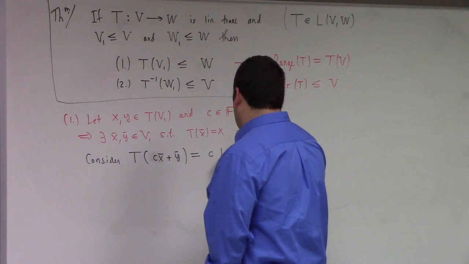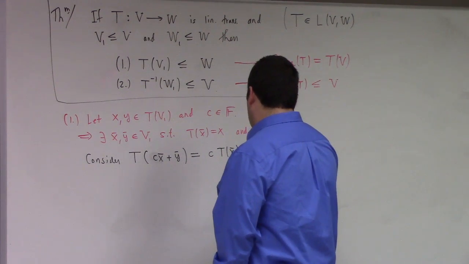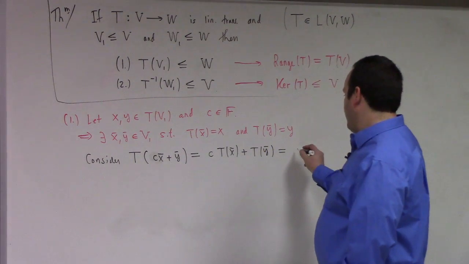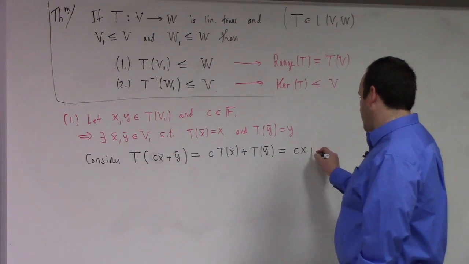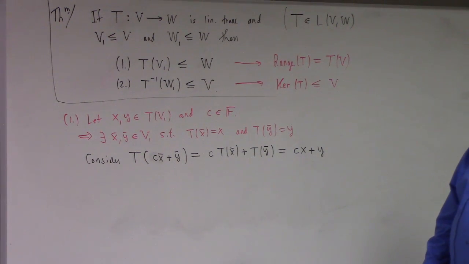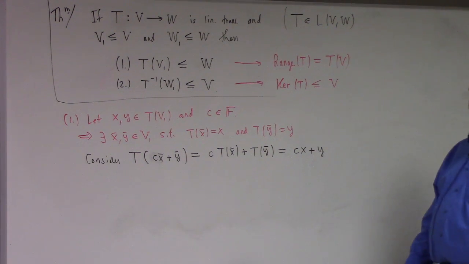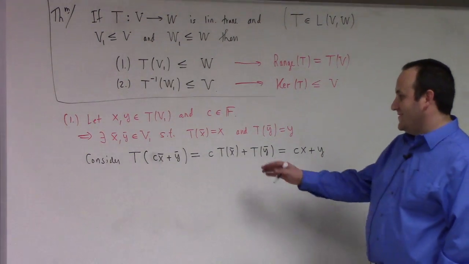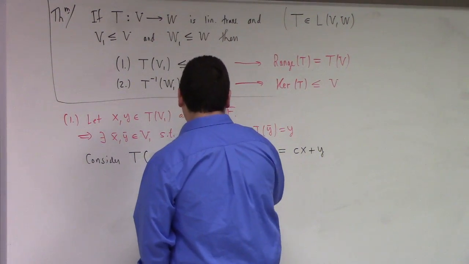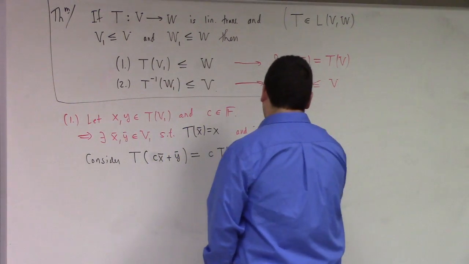Right, c of T of x bar plus T of y bar, which is what, by the way? cx plus y, right? So all I said, for those of you who are in the far reaches of the room, fine, was T of x bar equals x, and T of y bar equals y.